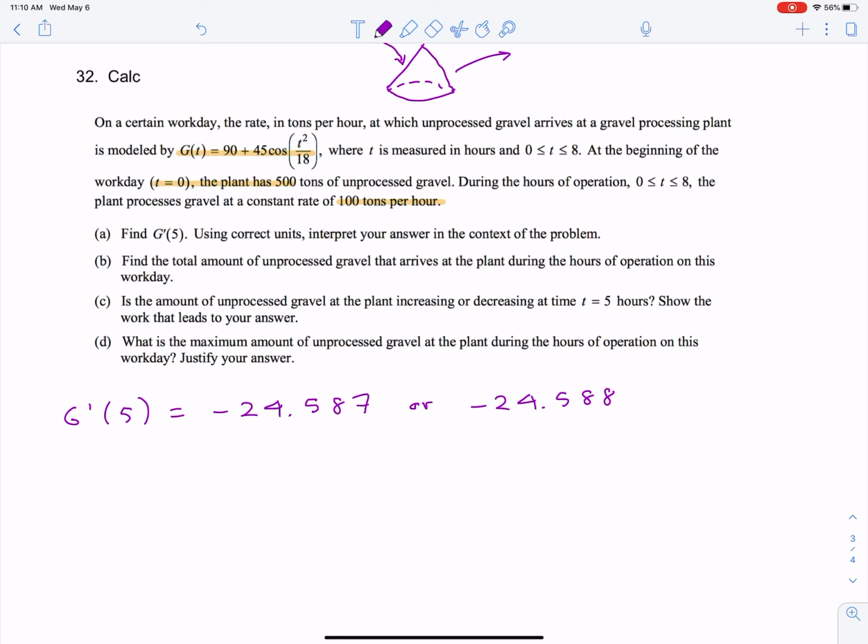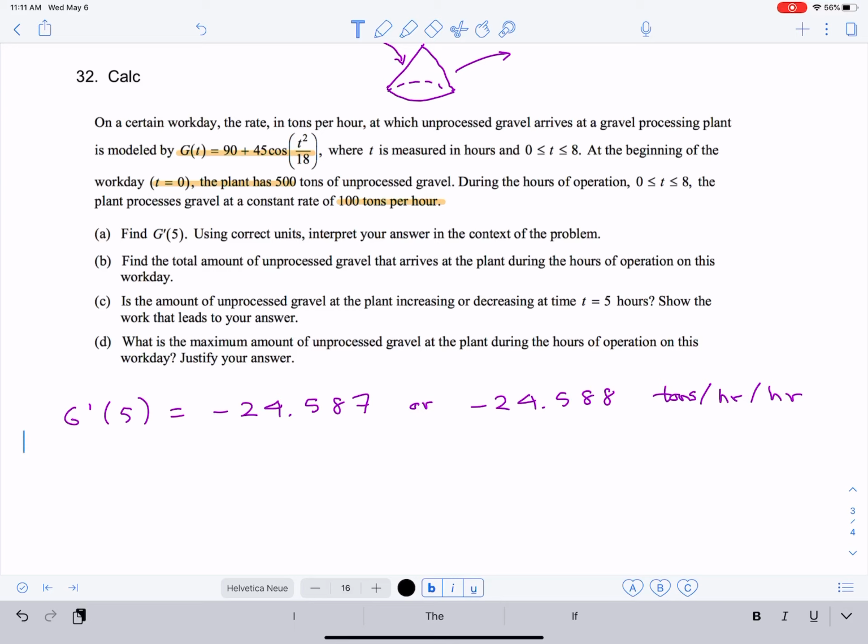And our units, right, are going to be tons per hour per hour, because originally the units were tons per hour, but now we're taking another derivative, so we're dividing by hours again. Okay, so now let's go through, and what did they ask us to do? They said, using correct units, interpret your answer in the context of the problem. So I just have to summarize now what this is saying.